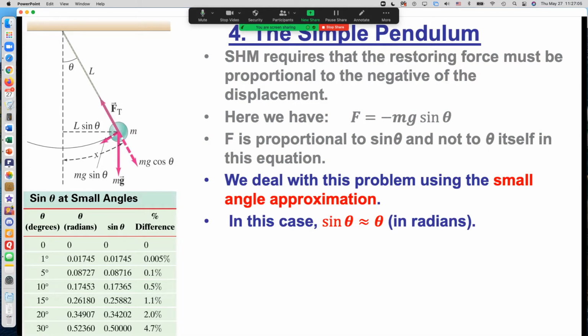Here's the numbers, right? Even at 30 degrees, the error is not too bad. So sine of theta is approximately equal to theta in radians when the angle is small.